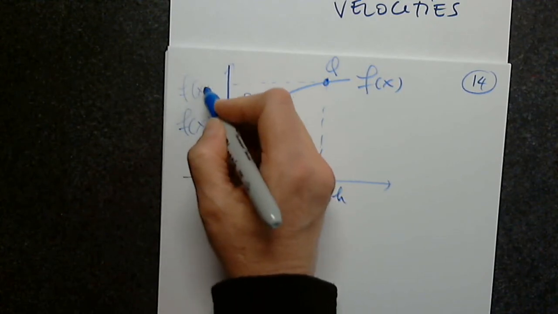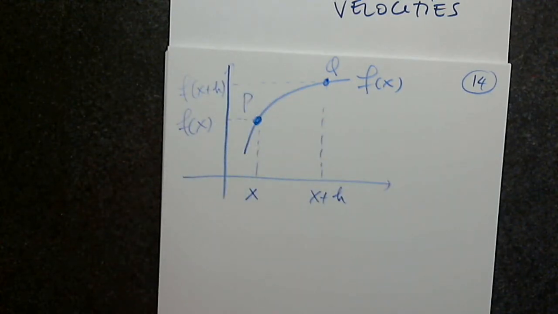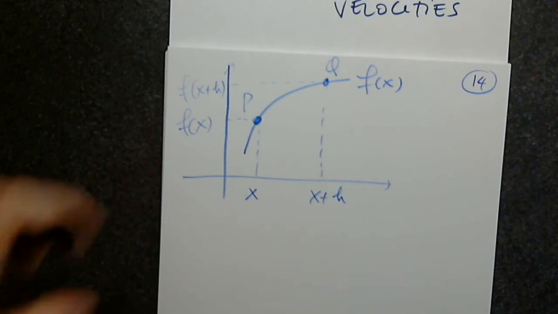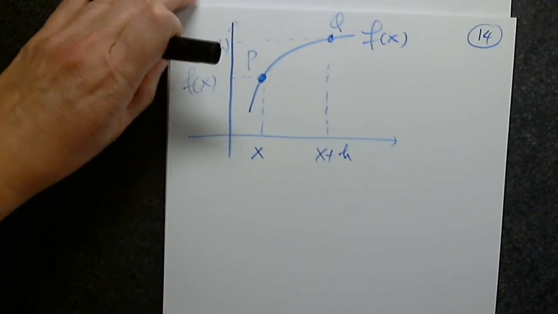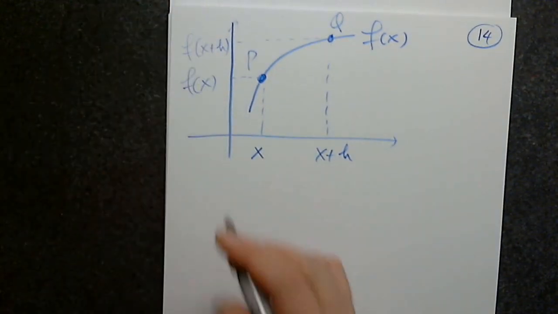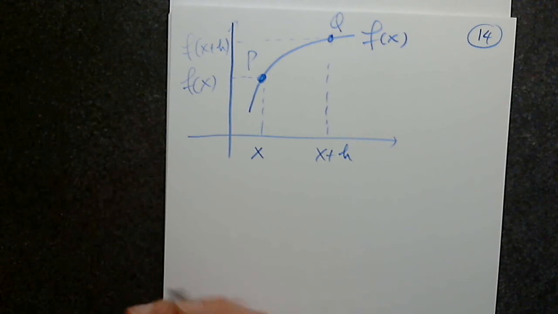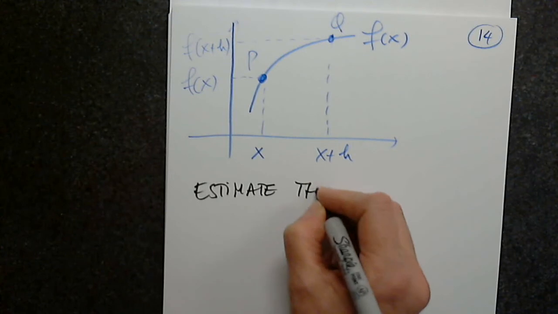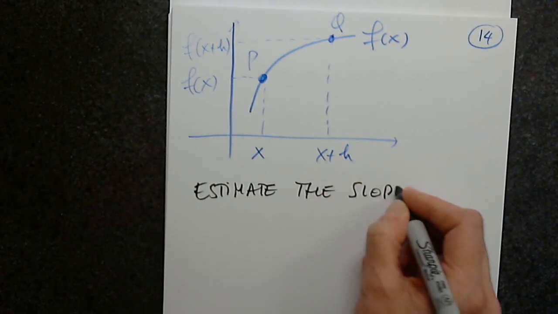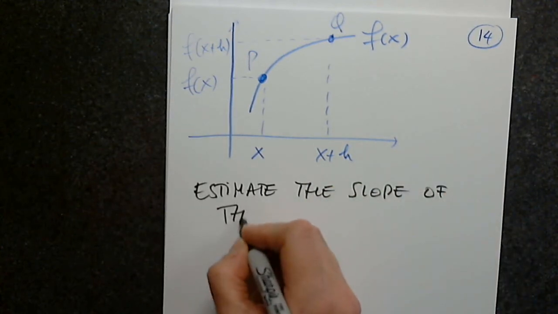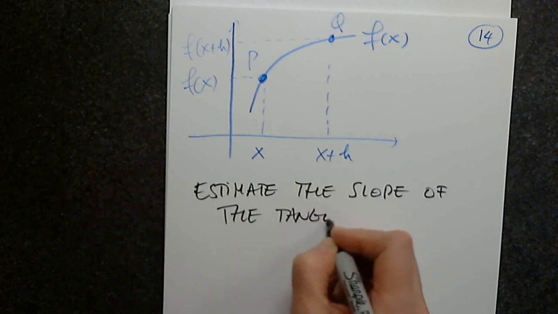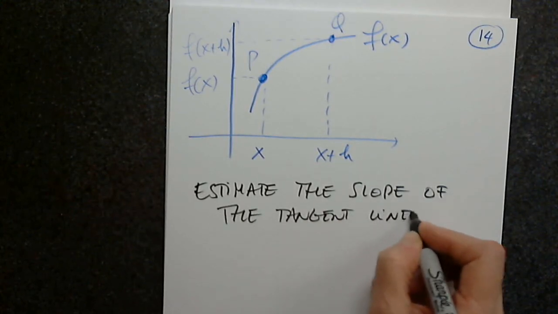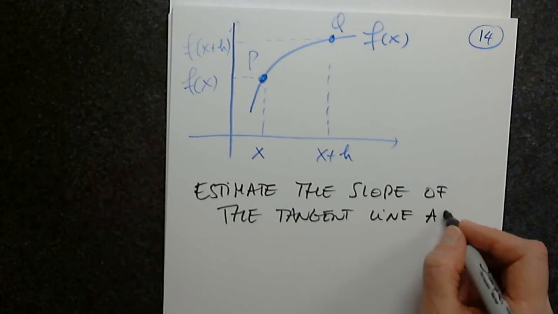This is, of course, f of x plus h. And here's our question in this problem: at least estimate, if not find, the slope of the tangent line at P.